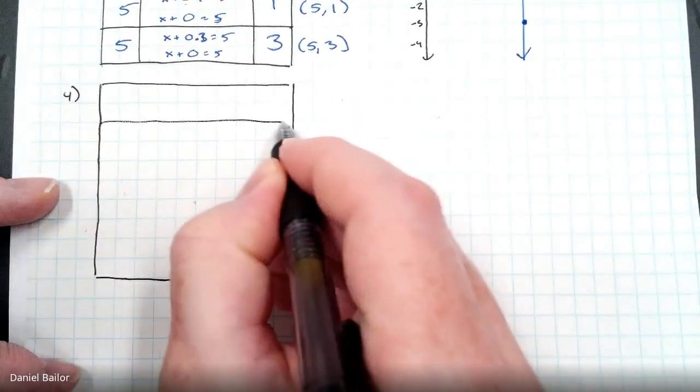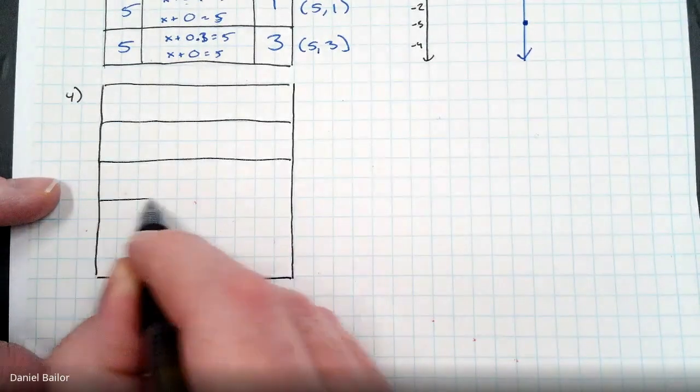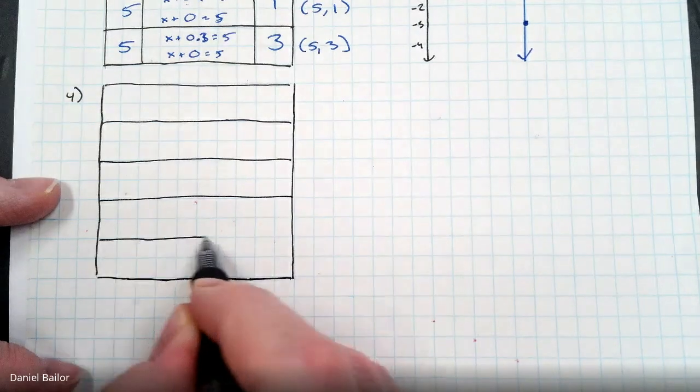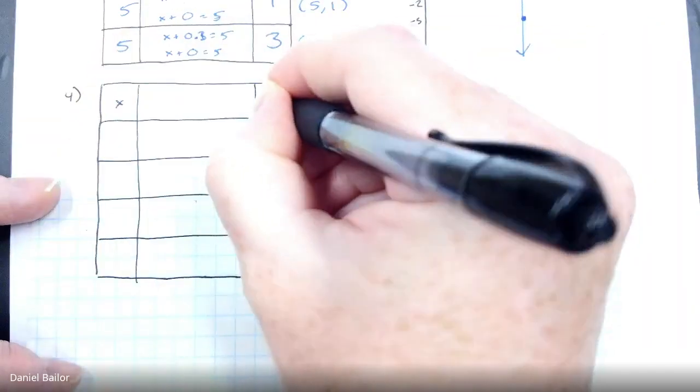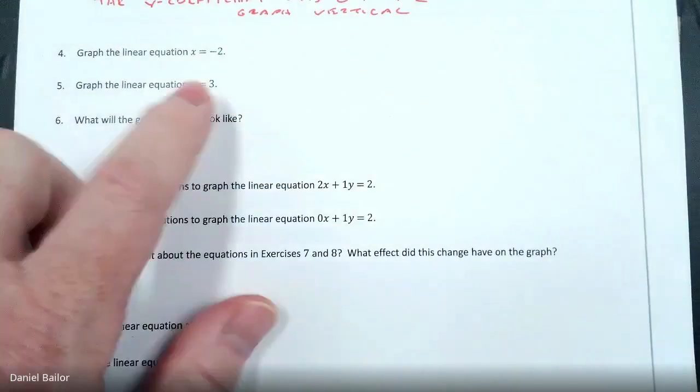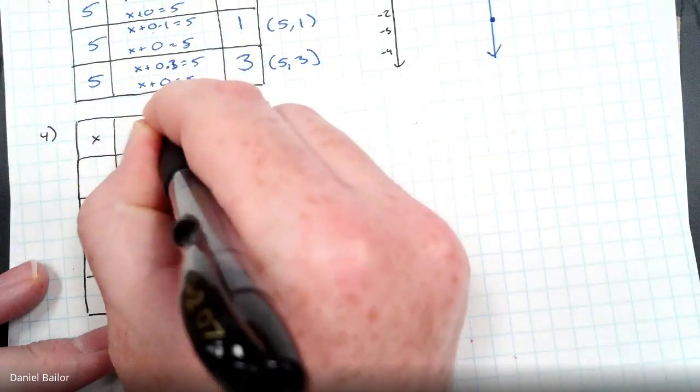We're building a table because that's how we organize our coordinates. So we put x values over here, y values over here. And the equation is x equals -2.